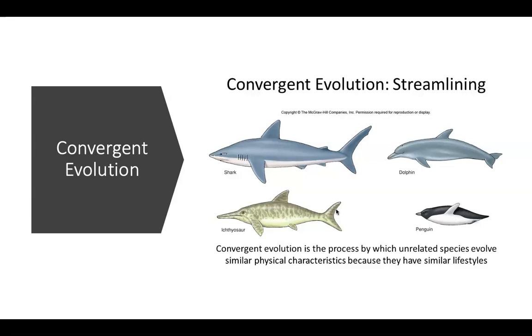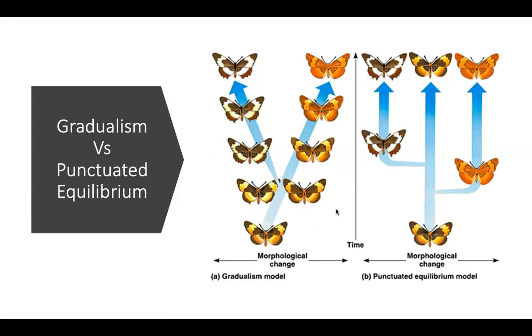And they have very similar features that allow them to survive in their environment, even though they're not closely related in evolutionary terms. So they all have fins, they all have streamlined bodies, and this allows them to survive and thrive in those aquatic environments they live in. So this is an example of convergent evolution.